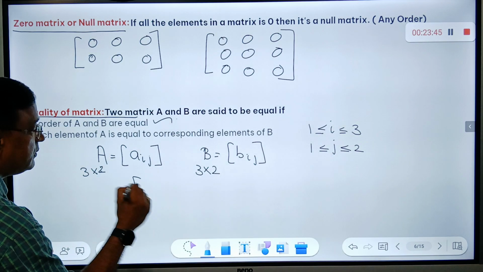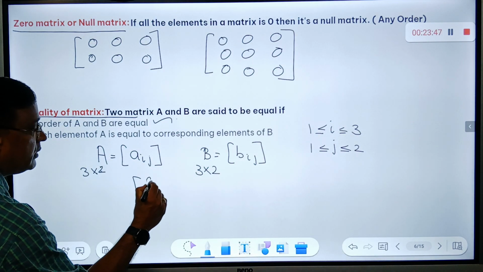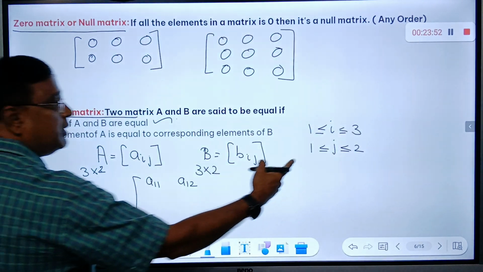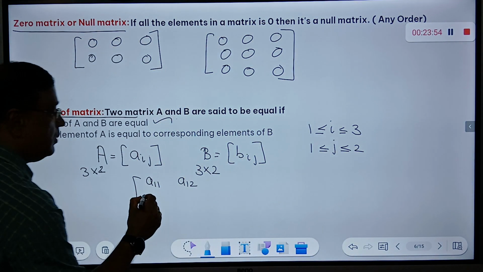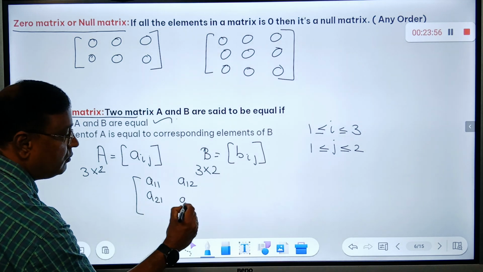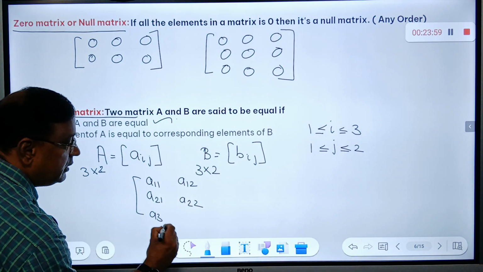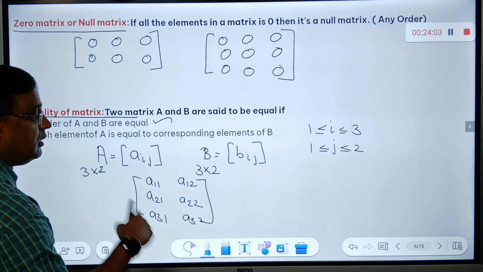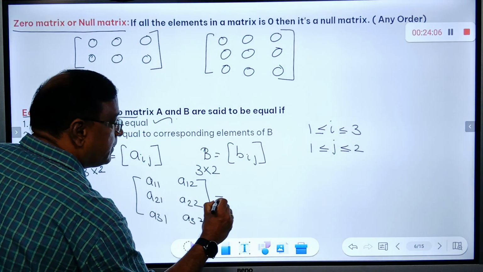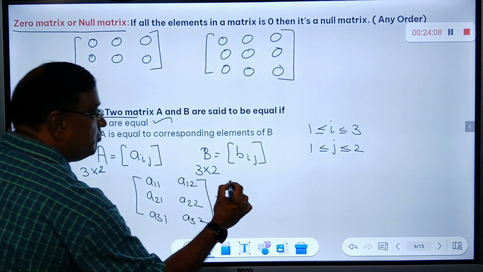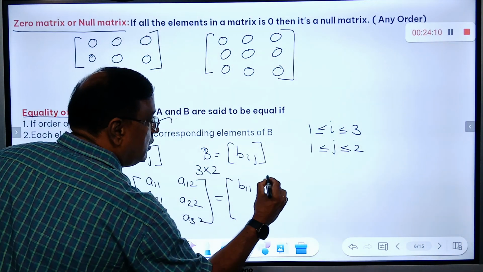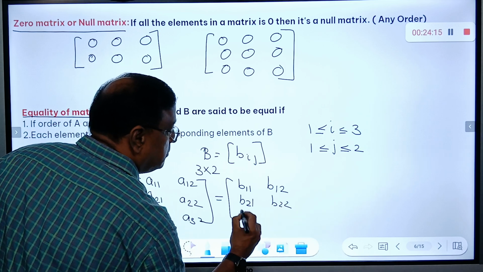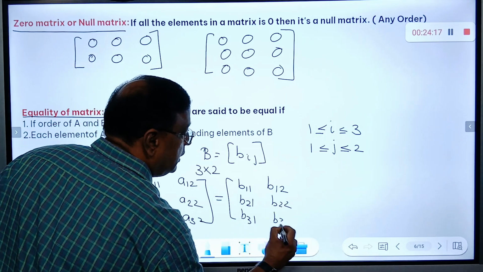Now let me write this. 3 rows, 2 columns. So A11, A12. I can't go to A13 because my j's maximum value is only 2. Then A21, A22, A31, A32. So you can see clearly this is a 3 by 2 matrix. If you want A to be equal to B, B11, B12, B21, B22, B31, B32.